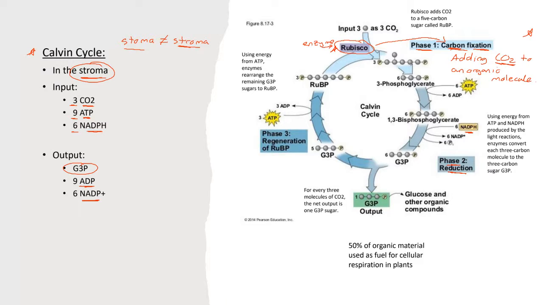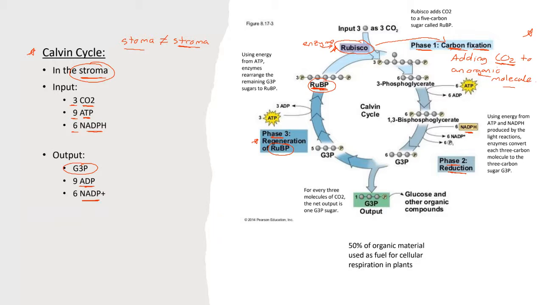Finally, phase 3 is going to be regeneration of RuBP. RuBP is this organic molecule that we're talking about here. Carbon dioxide is going to be added to this RuBP molecule. But this RuBP molecule, as you'll see, has to be regenerated, so we have to make it up again.